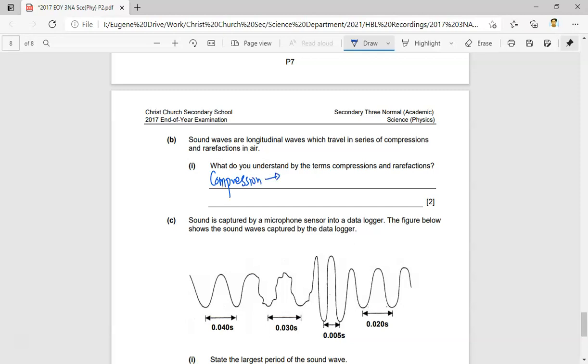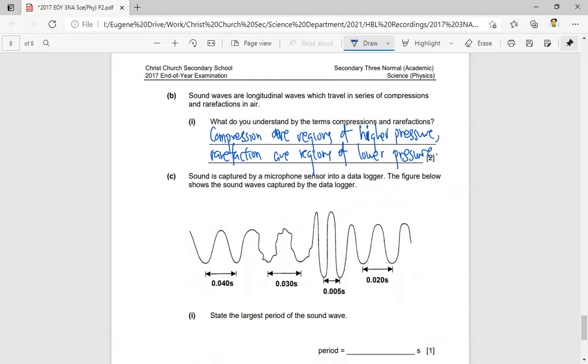Because the particles are packed closer together, compressions are regions of higher pressure. Whereas rarefactions, however you pronounce it, are regions of lower pressure. Just by writing lower and higher pressure, you get 2 marks over there.